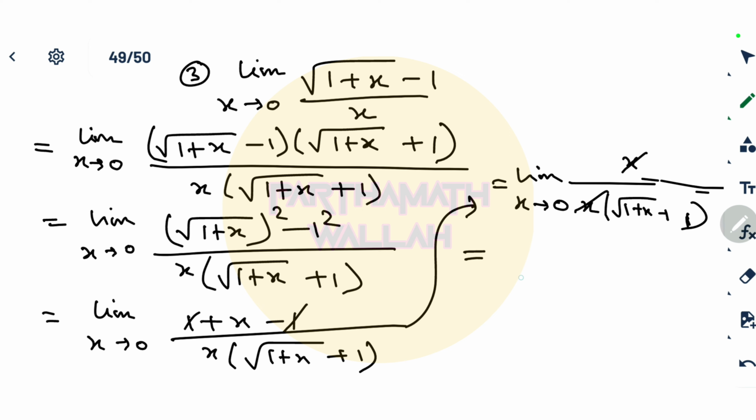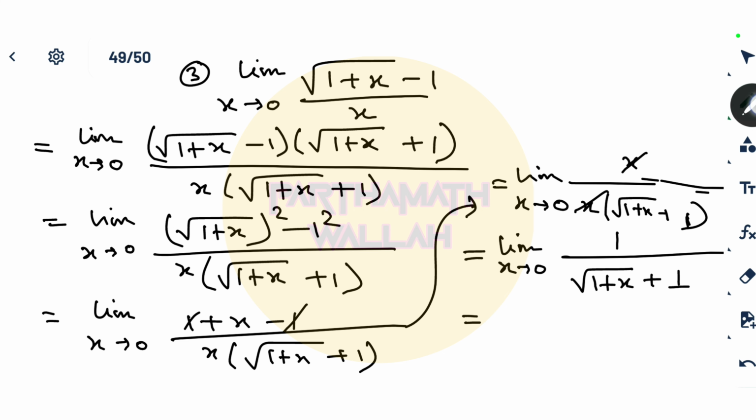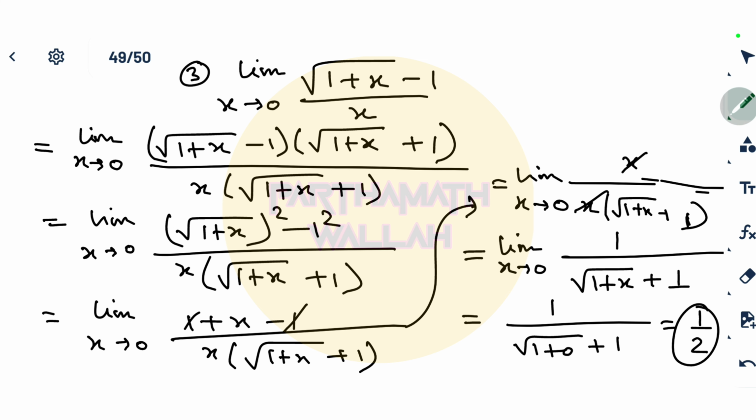So x will be removed. We got limit x tends to 0, 1 divided by root over of 1 plus x plus 1. Clearly there is no 0 term in the denominator, so we can easily put the value x equals 0, so it is 1 over root of 1 plus 0 plus 1, which gives 1 by 2. This is our answer for the third question. Thus it can be solved.